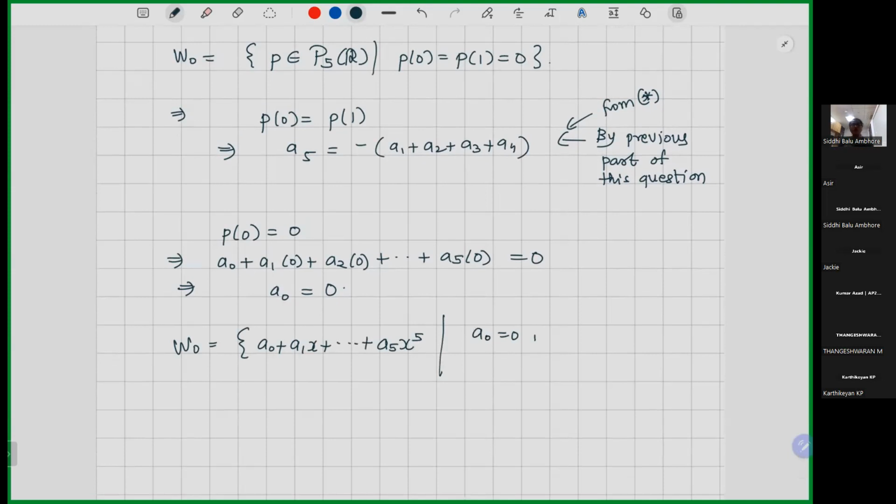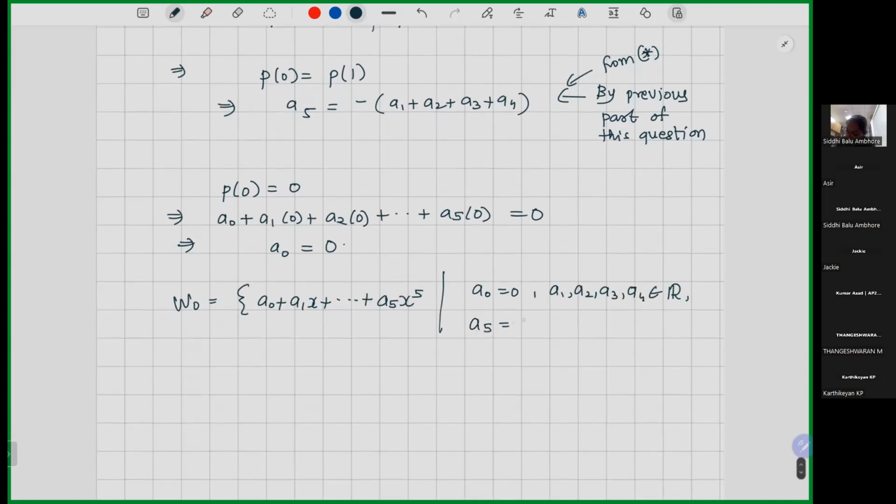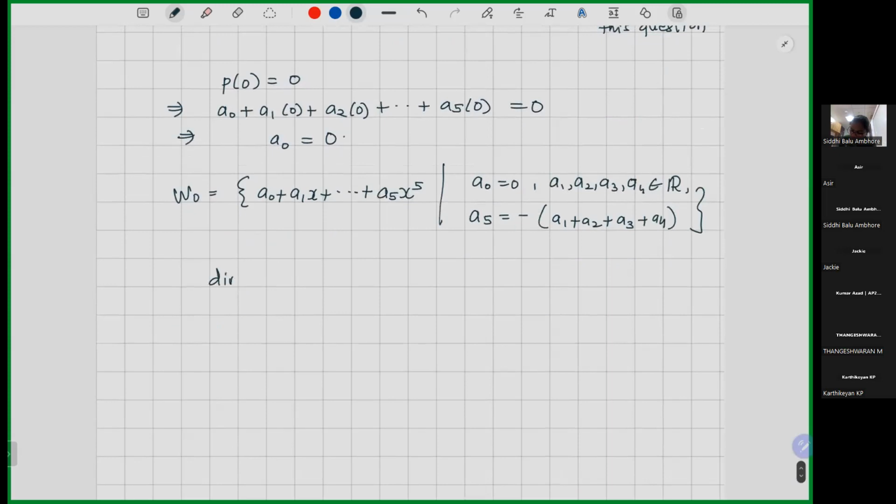Okay, so A0 is gone. This A1, A2, A3, A4 are in R, and A5 is what? Minus of A1, A2, A3 plus A4. So what is the dimension of W0 then? A0 is completely gone.